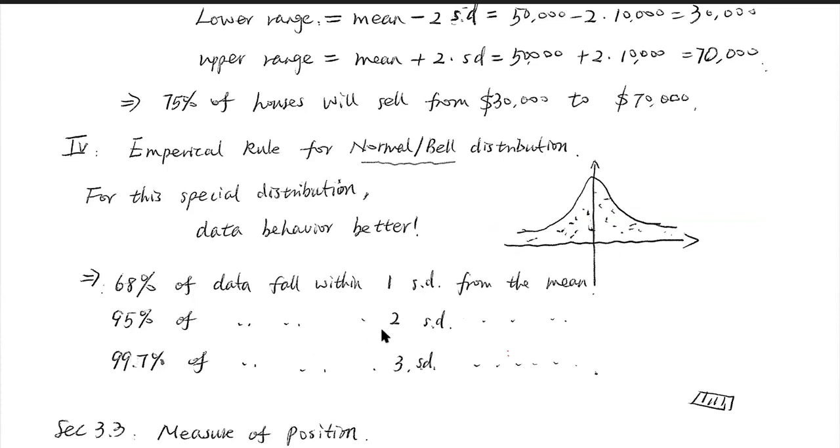So if it's 2 standard deviations away, everybody, 1 standard deviation away, 2 standard deviations away, like this range here, they should cover about 85% of data points instead of 75.